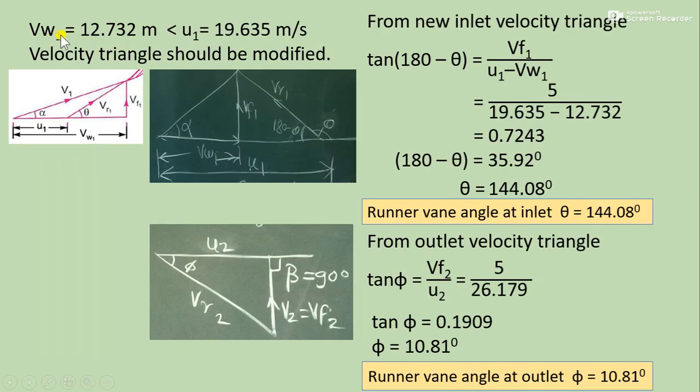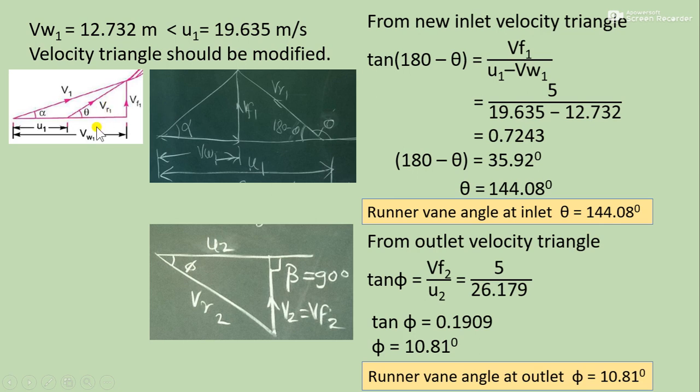Next, if we observe the values of Vw1 and u1, we see that the value of Vw1 is smaller than u1, but in the theory triangle Vw1 is greater. So what do we have to do? We have to modify the triangle as per the values we have got.